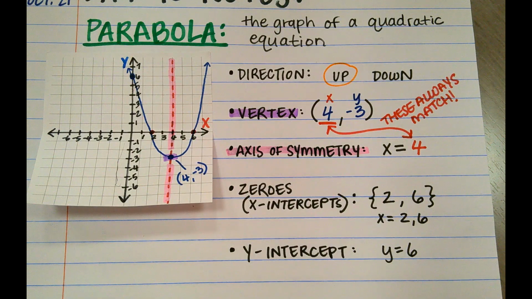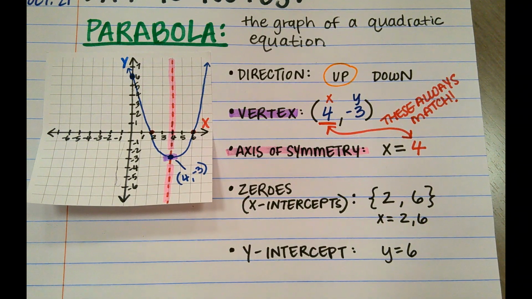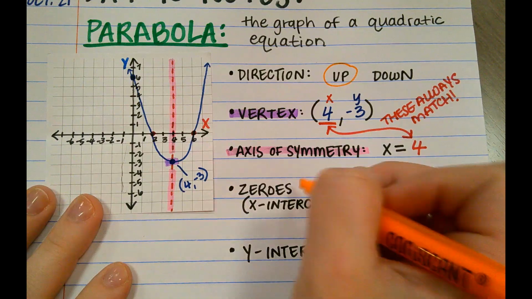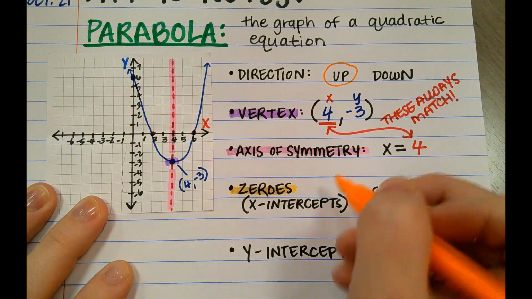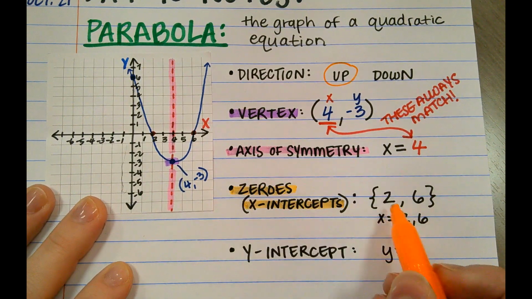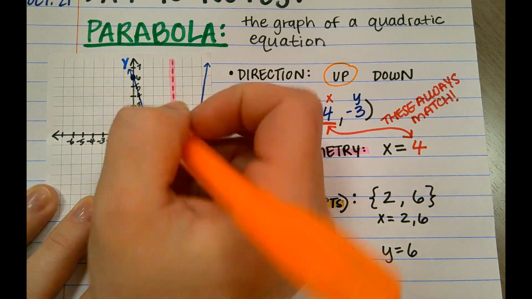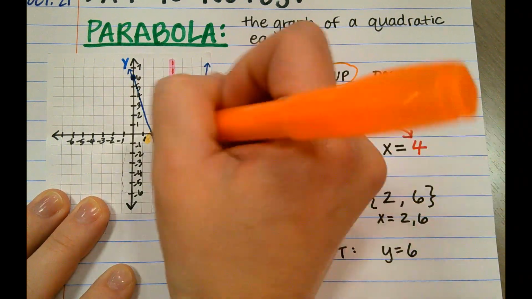All right. So now we have highlighters. I've just highlighted my vertex in purple. Did my axis of symmetry in pink. I think I'll do my zeros or my x-intercepts in orange. So I'll highlight zeros for x-intercepts. And we got 2 and 6. So I'm just going to highlight that point on 2 on the x-axis and 6.